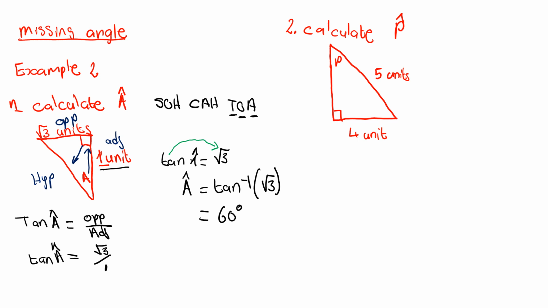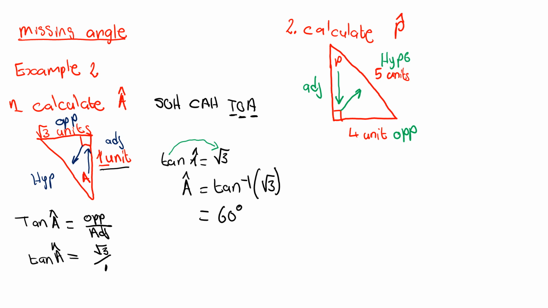Remember, the first thing you do, never forget this. You identify your sides, you name your sides from your angle P to your 90 degrees adjacent. The 90 degrees points at the hypotenuse, and the remaining side will be your opposite.